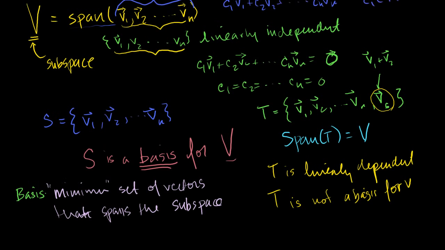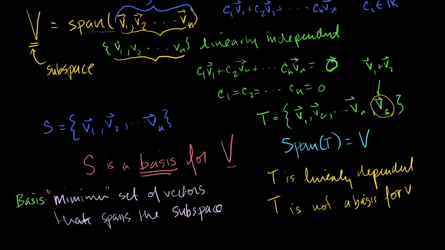So in this case, this is the minimum set of vectors. I'm not going to prove it just yet, but you can see that this set of vectors right here does span the subspace, but it's clearly not the minimum set of vectors, because I could still remove this last vector here.